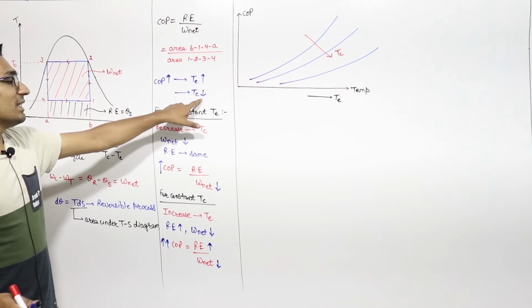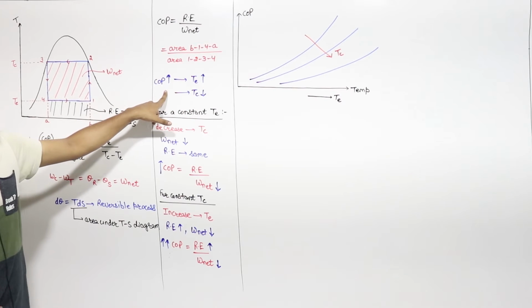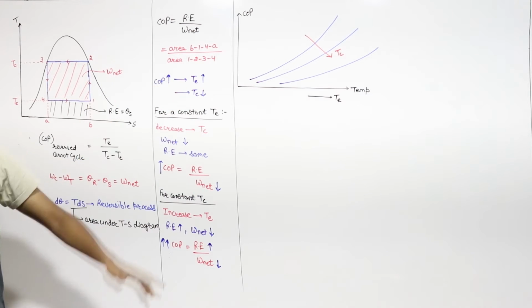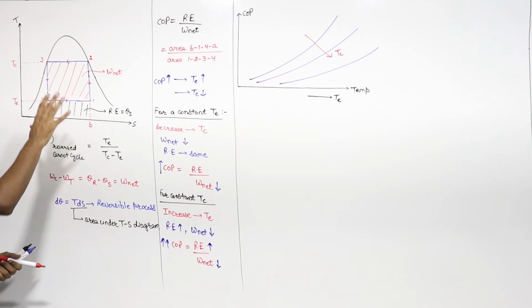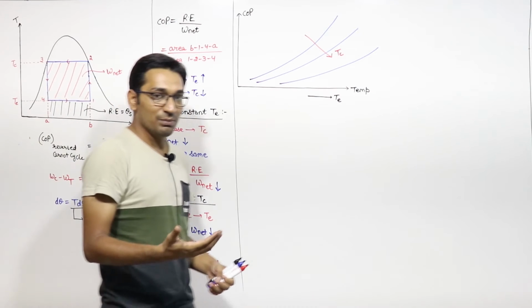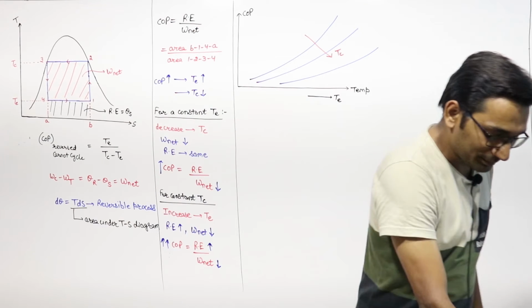If you increase this Tc, then COP will decrease, right? So this is the graph for COP versus temperature based on this result that what we got when we change the evaporator temperature and condenser temperature.